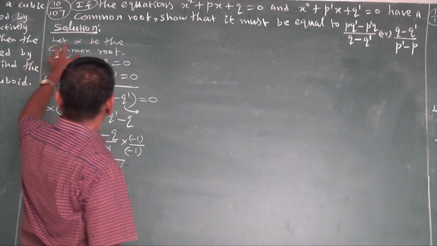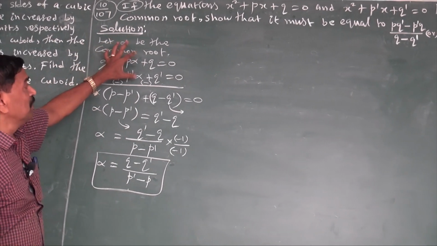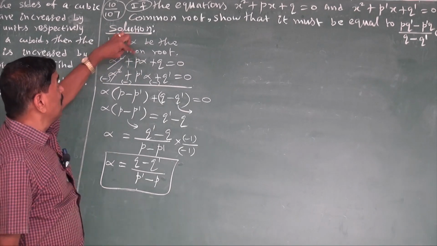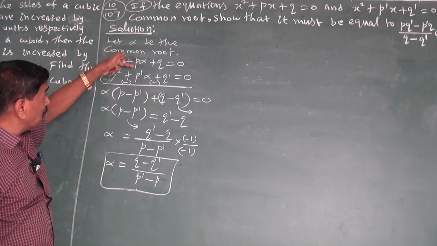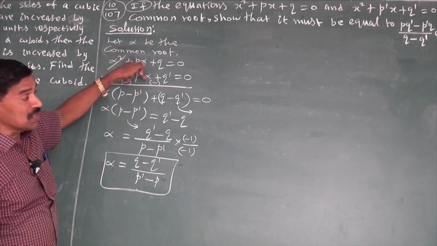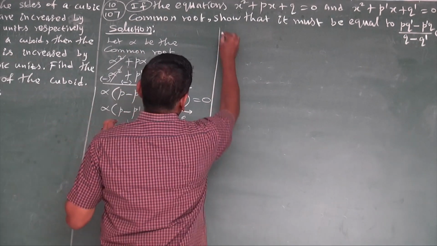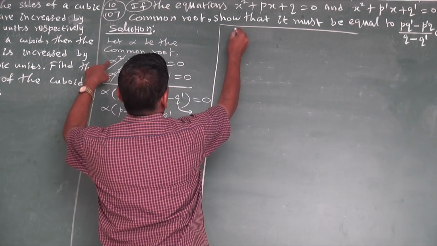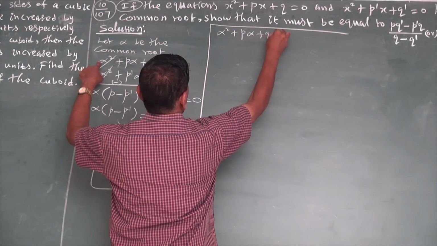There are two variables, alpha and alpha square, where in the first case alpha square cancelled. Now I want to cancel alpha. To cancel alpha, the technique is: the first equation is multiplied by p dash and the second equation is multiplied by p, then the alpha coefficients become the same, the second equation changes sign, and alpha cancels. So draw the parallel line. Take the first equation: alpha square plus p alpha plus q is equal to 0.